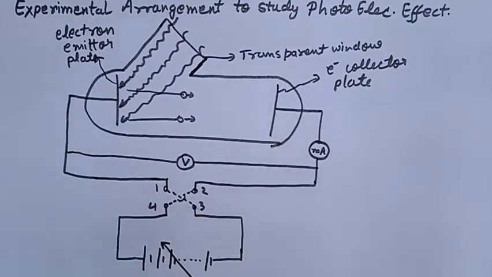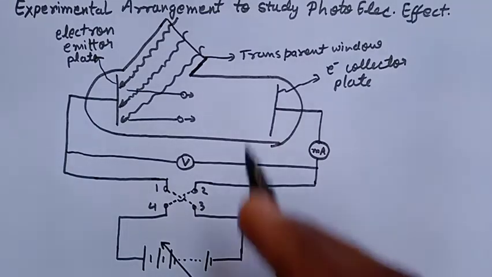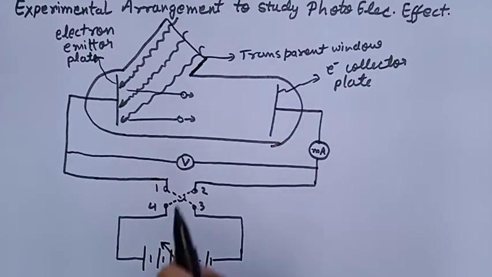Here I want to clarify one more thing. I have incident 3 photons and ejected 2 electrons, to make you understand that it is not possible to get more photoelectrons than the number of incident photons.